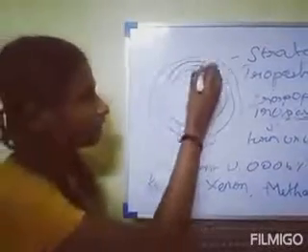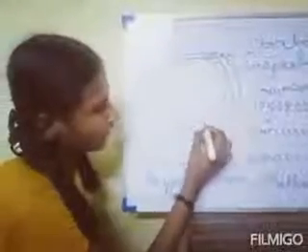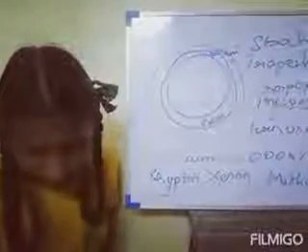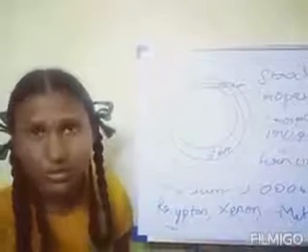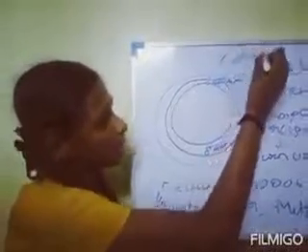It extends to a height of about 50 kilometers above the earth, while the troposphere is 8 kilometers. The stratosphere concentrates the ozone molecules, so it is also referred to as the ozonosphere, or ozone sphere.